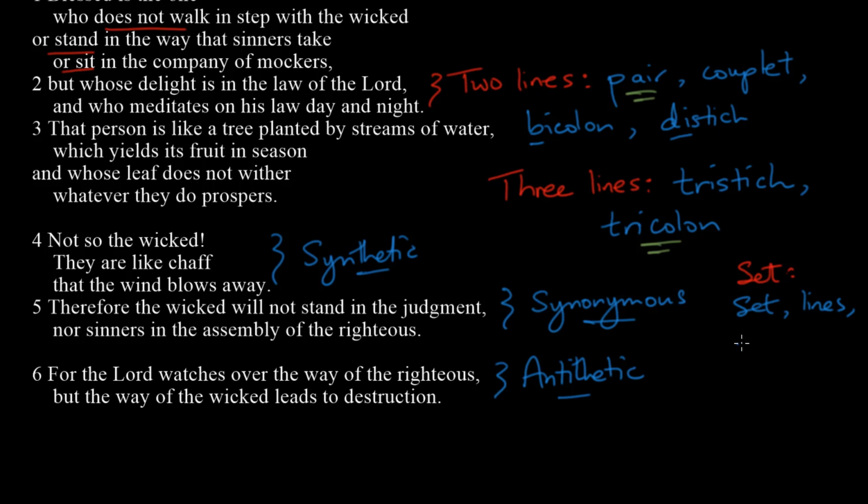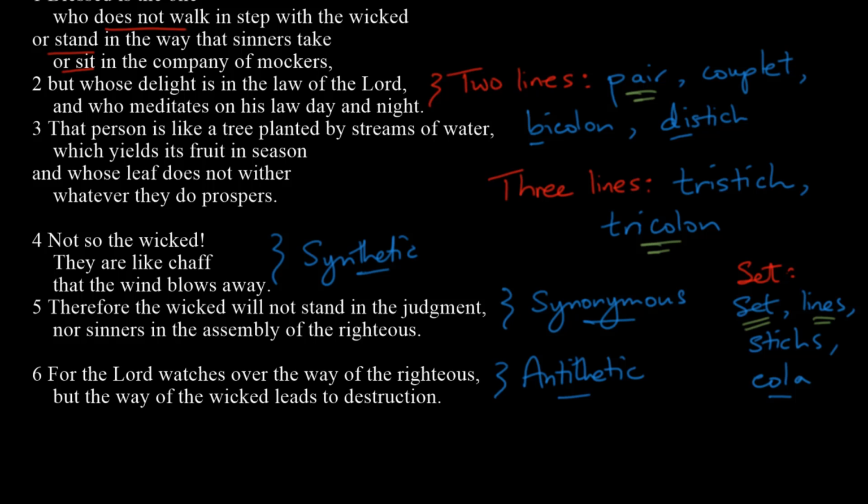We can call it a bunch of sticks. We can also call it cola, which is the plural of colon. And all of these options are possible. I like the term set myself, or just lines. Again, keeping it simple is often the best approach, especially when we're just learning some of this material.